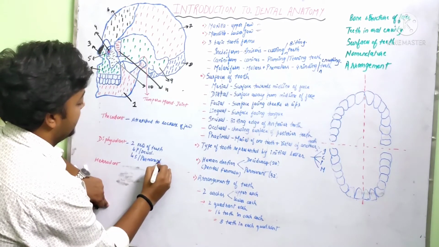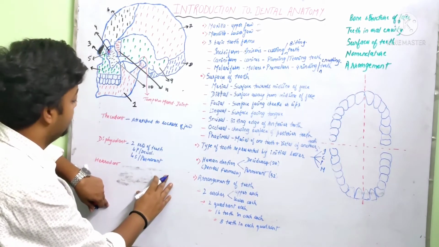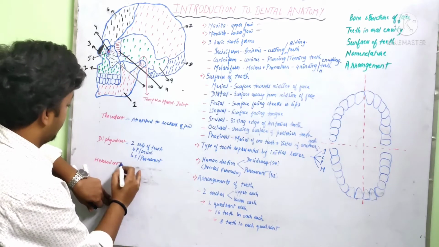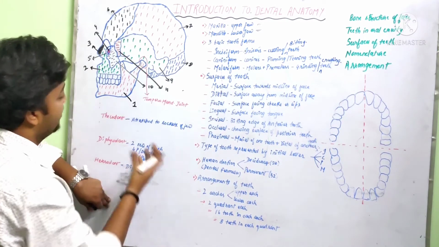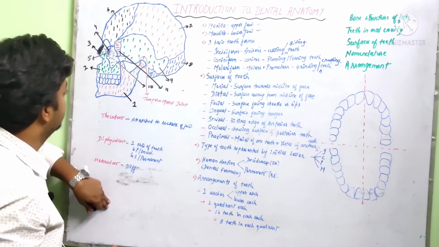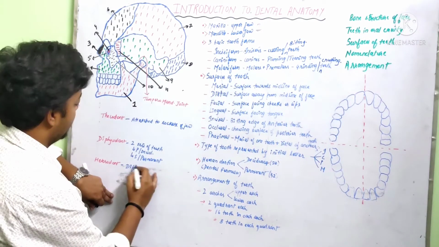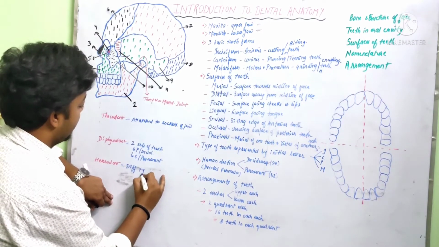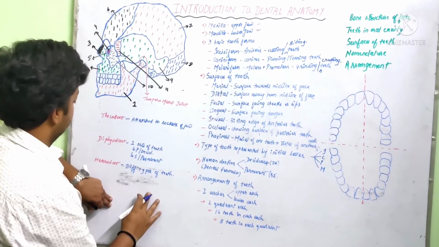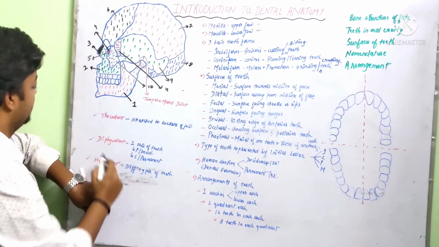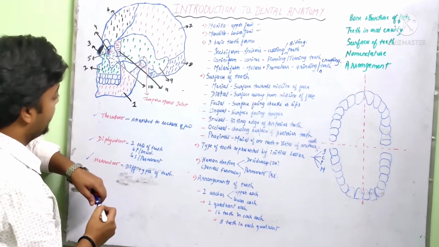I'll talk about this also in detail, about the differences between primary and permanent, okay. The next we have is the heterodont, that means there are different types of teeth. You can see that some teeth are larger, some are broader and some are pointed also. Human dentition comprises different types of teeth. So these three terms are very important and you should know about this as well, okay, right.